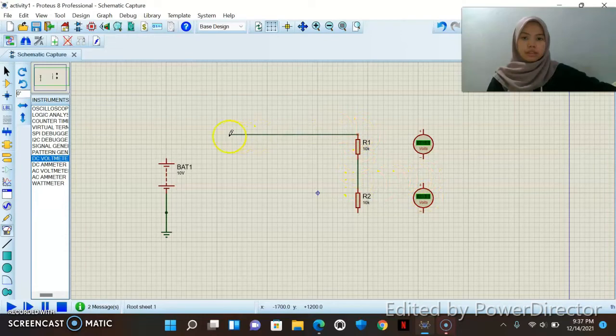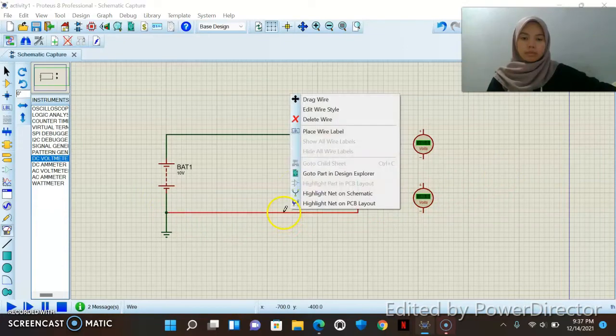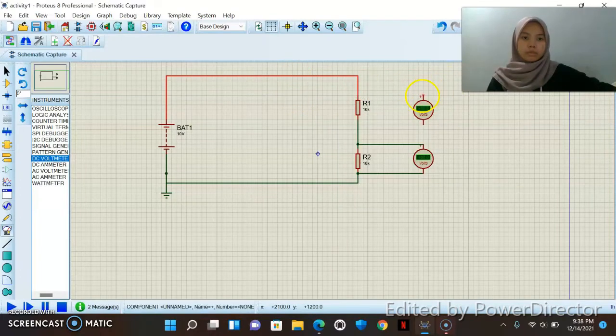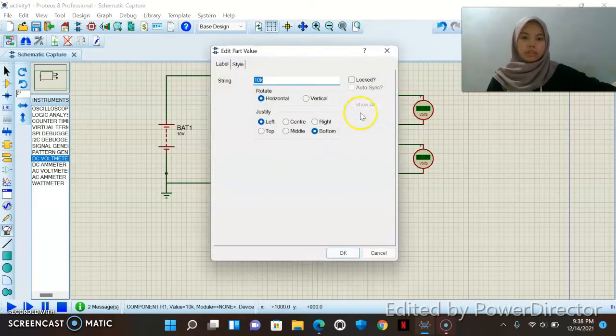Connect all the components. R1 is 200 ohm, and R2 is 100 ohm.